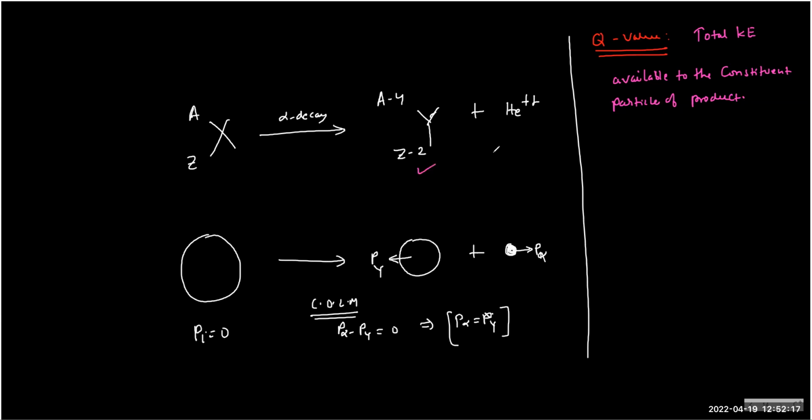So in the product we have Y and alpha. So their kinetic energy sum is called the Q value.